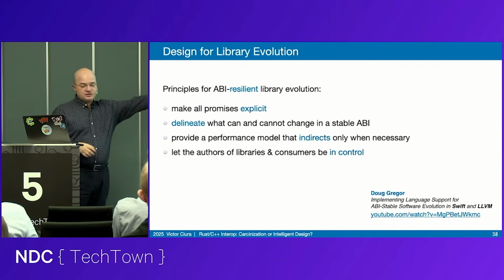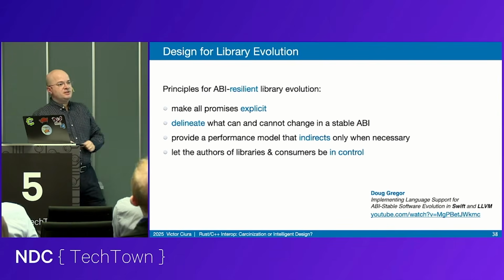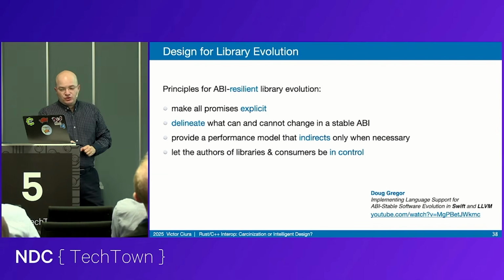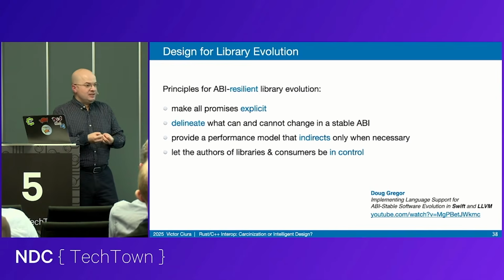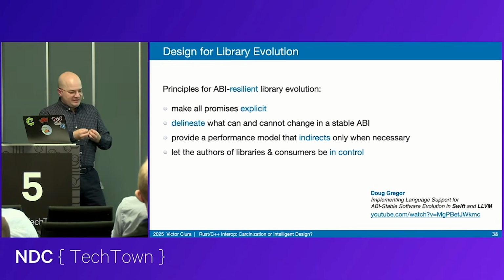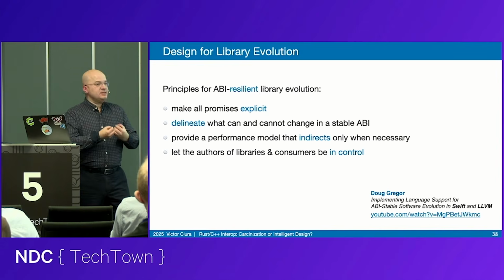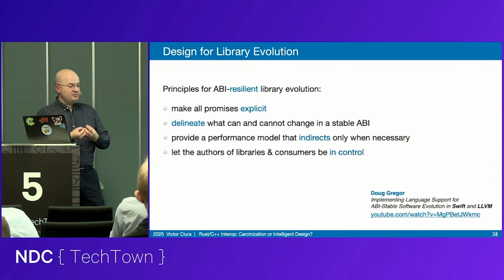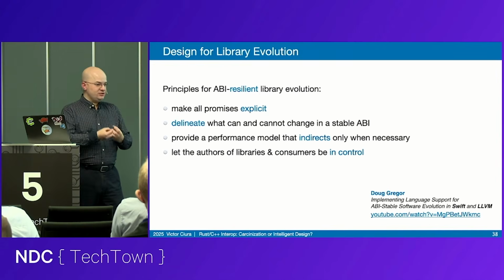There's a very good presentation from Doug Gregor that talks about ABI stability and resilience, building resilience in the Swift standard library with library evolution in mind, as in, I want the flexibility and the ability to evolve the library, fix mistakes and improve it, but I want to offer resilience guarantees to consumers.